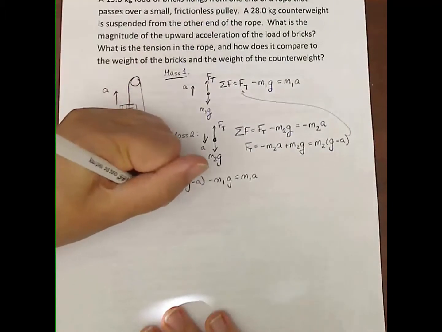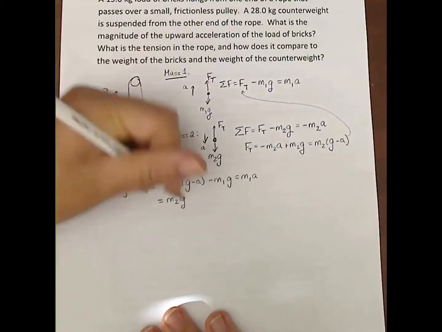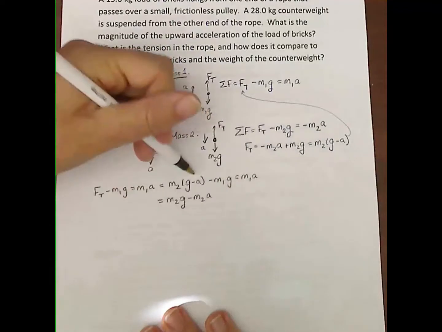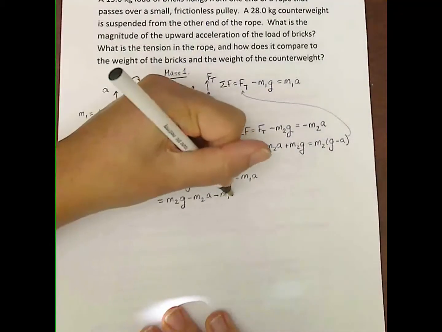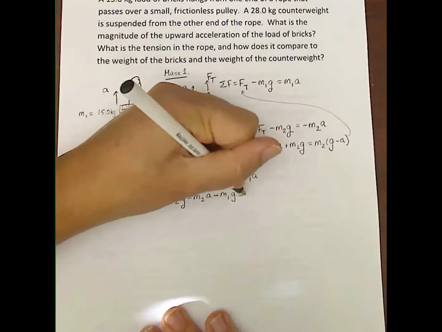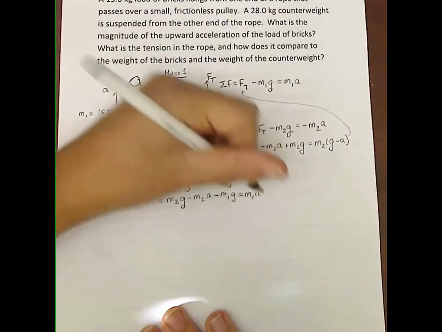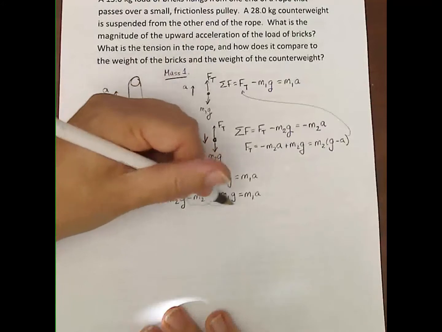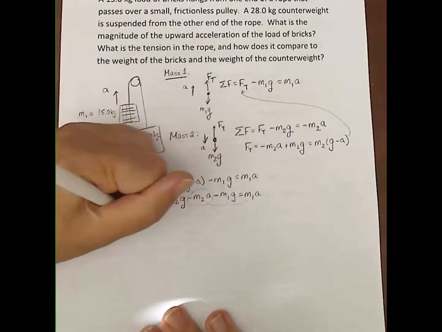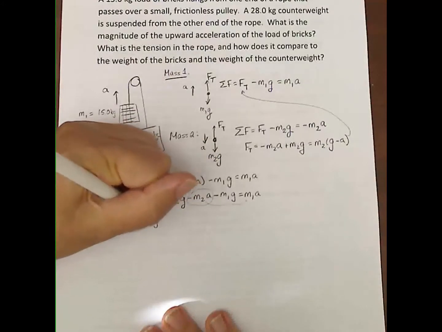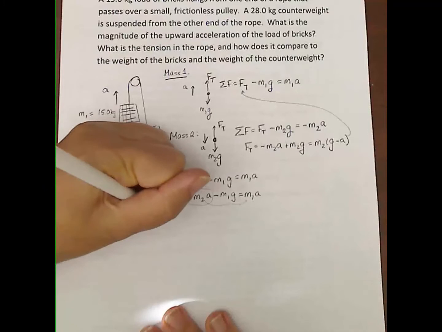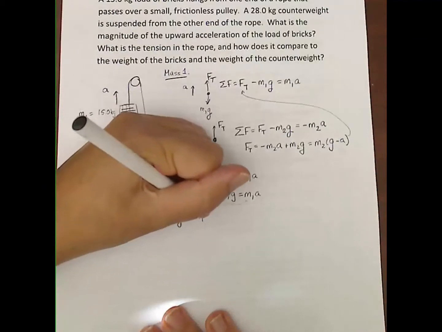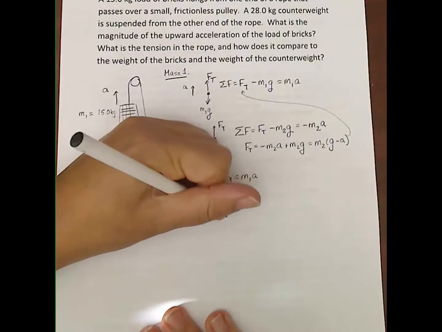So let me first factor this out. So I've got M2G minus M2A, minus M1G is equal to M1A. So now I want to get all the terms with A on the same side. So I'm going to just take this term and add it over to that side. So now I've got M2G minus M1G is equal to M1A plus M2A.